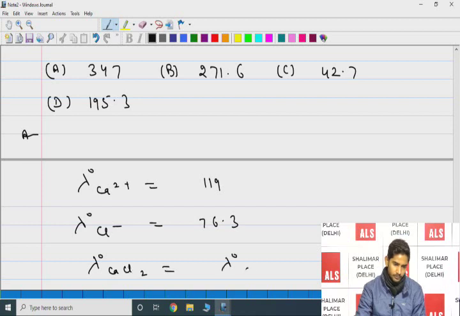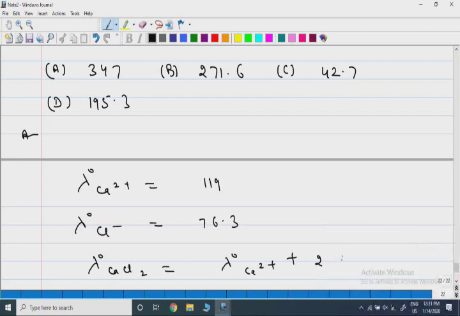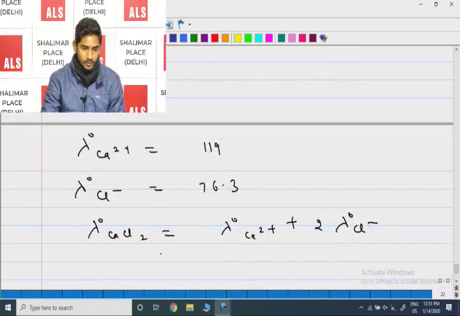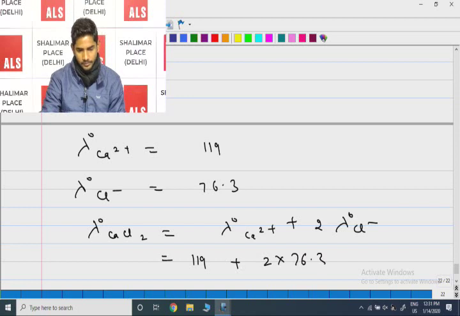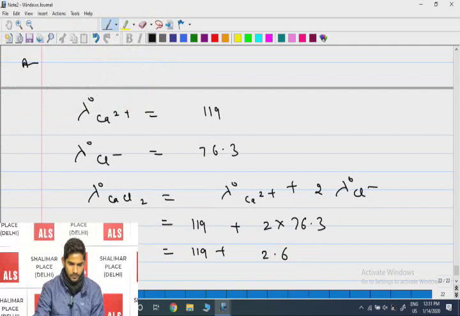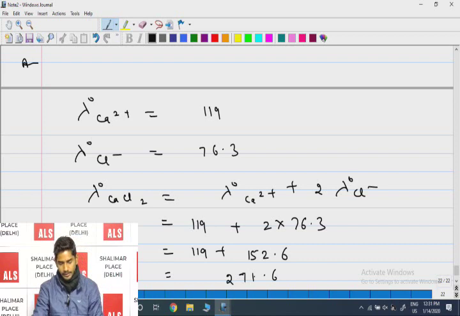So what can I do? This is nothing but Ca2 plus plus twice of Cl minus. So this is 119 plus 2 into 76.3. So 119 plus 152.6, 271.6, which is option number 2. Okay, easy question.